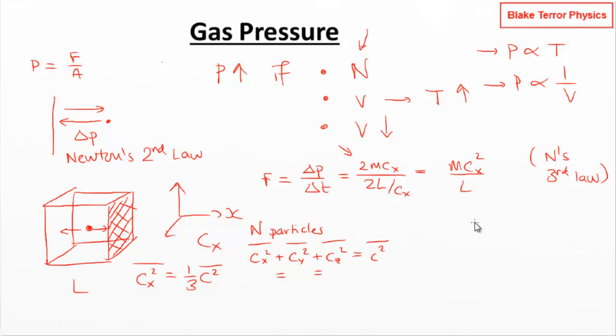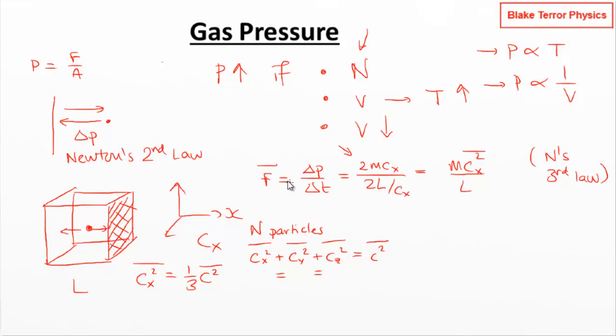We can also say that the force from a random particle is going to have a bar on it as well, because that's what we're interested in. When we step it up to N particles, they've all got a different component of their motion in the x direction, so we want to average that out. We want to get the average force.